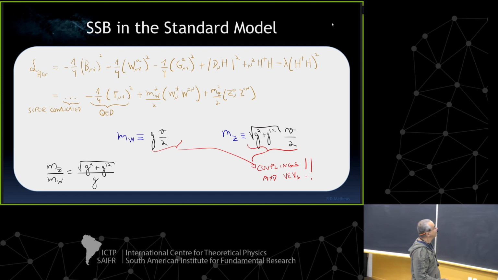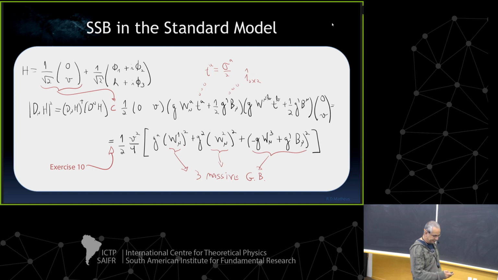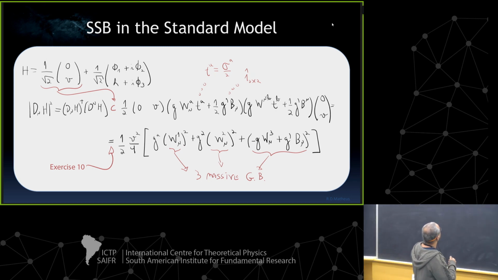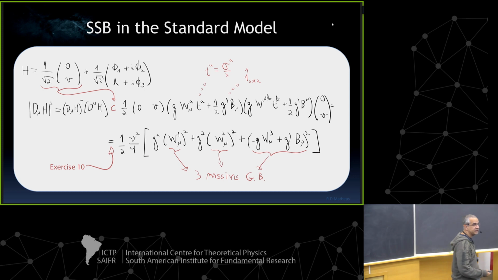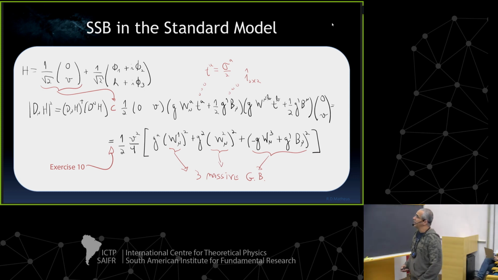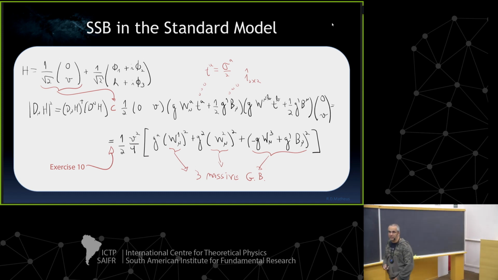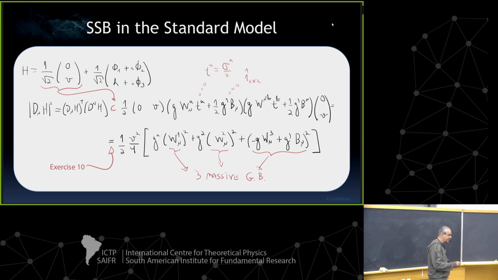So I hope I have convinced you that once you introduce a scalar, and that scalar develops a vacuum expectation value, spontaneous symmetry breaking occurs in the standard model. And for that specific breaking pattern, you mix the SU2 and the U1 gauge bosons, and you mix them in a very specific way.